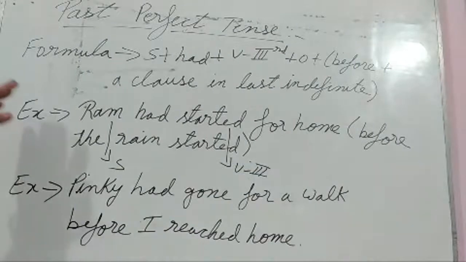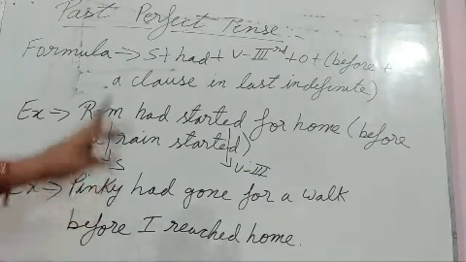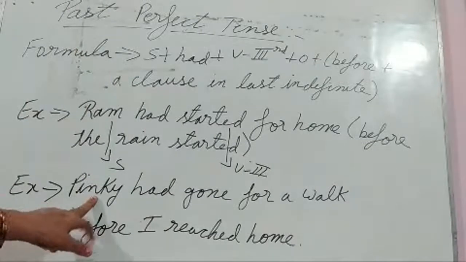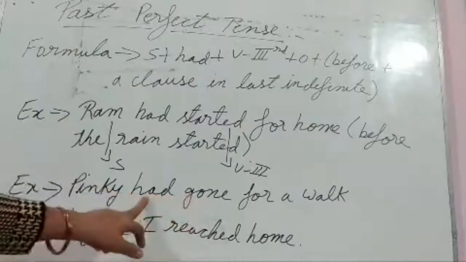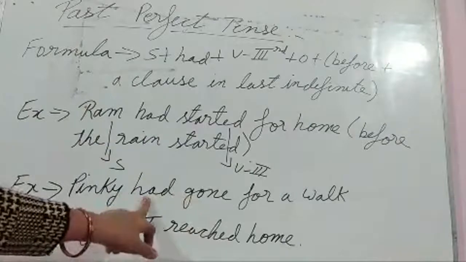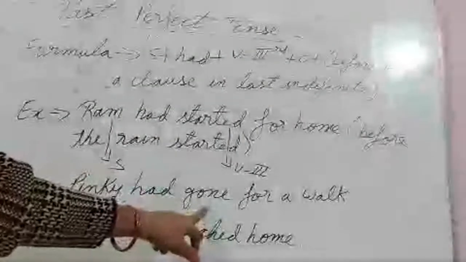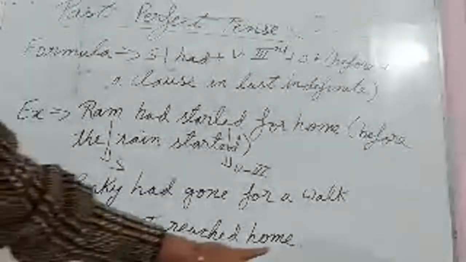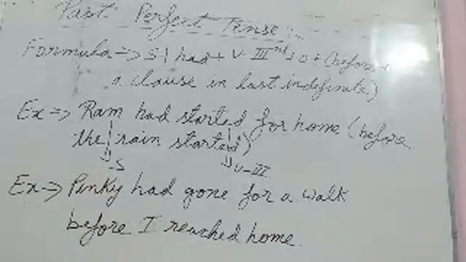As you can see, according to the formula, I is the subject, had is in the past perfect tense, gone is the verb of third form, for a walk, here walk is the object. Before I reached home is a clause.